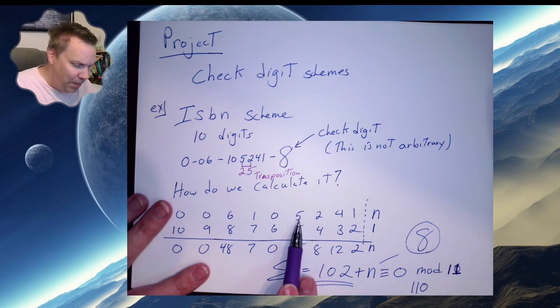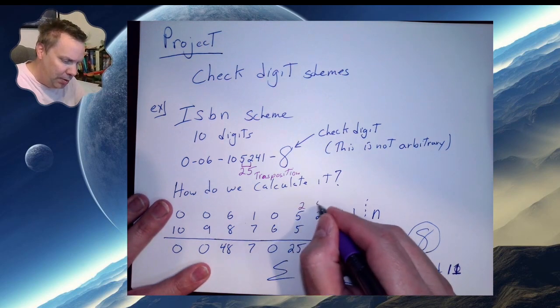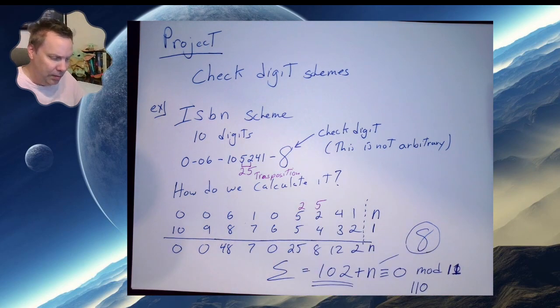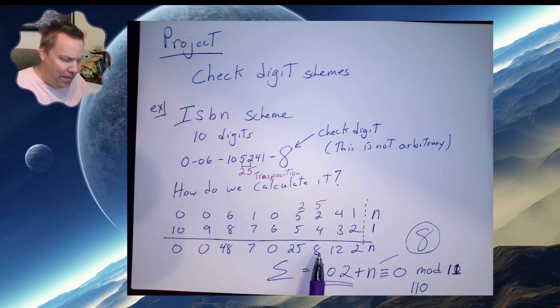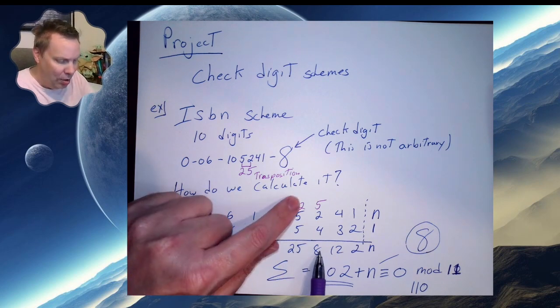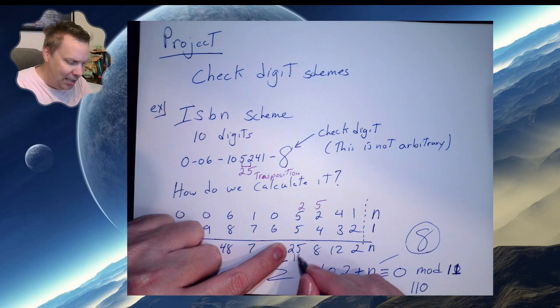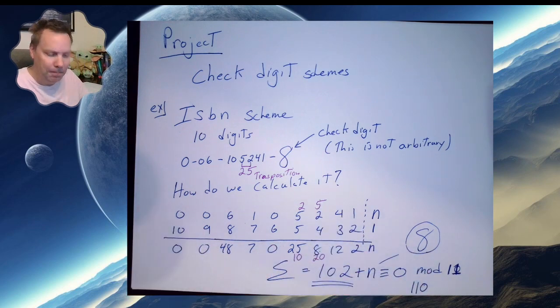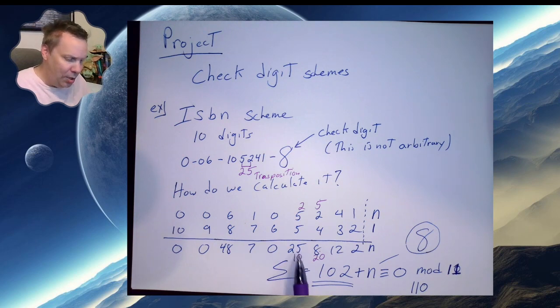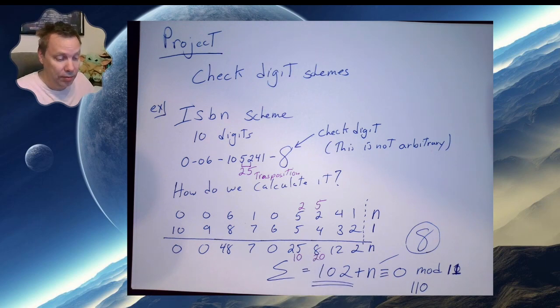So that would take this 5 and the 2, and make it a 2 and a 5. Instead of having a 25 and an 8 here, I would have a 10 and a 20. This goes down by 15, but this goes up by 12. So this number goes down by a total of 3.